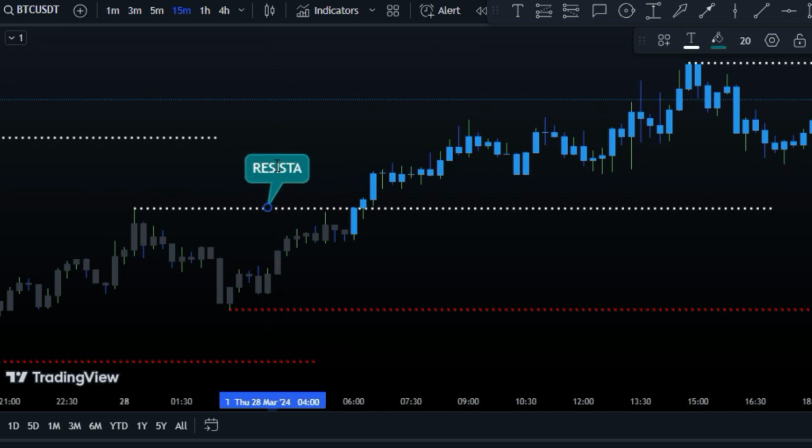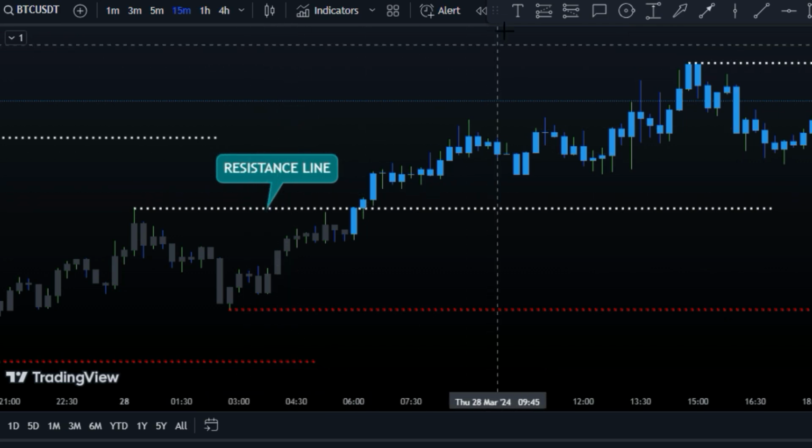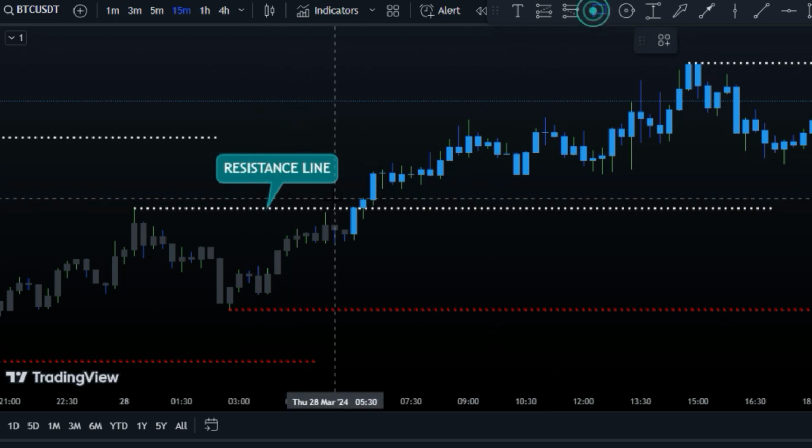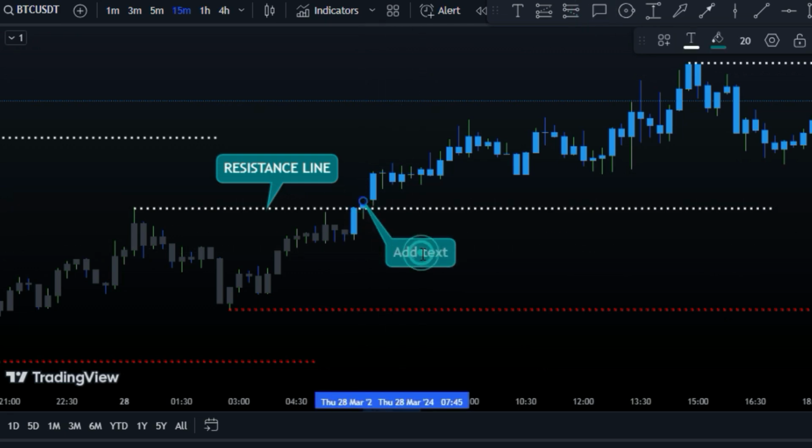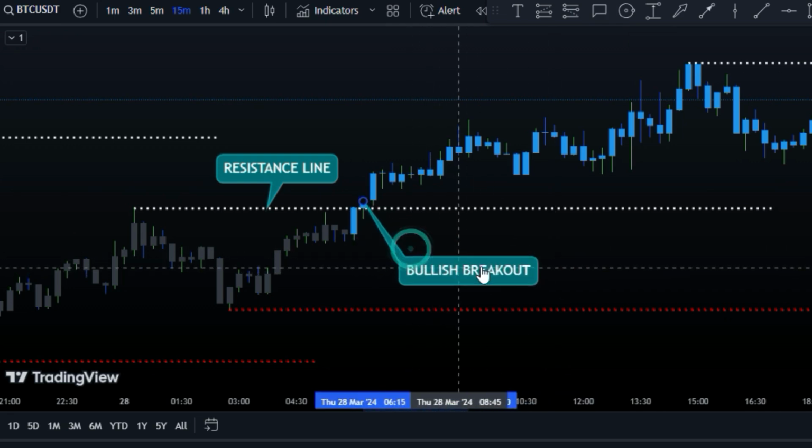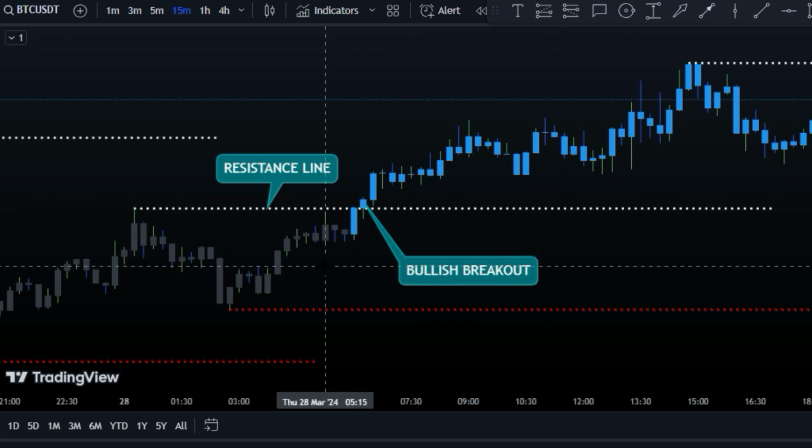With the Higher High Lower Low indicator adjusted to your preferences, you'll notice white and red dots on the chart. These dots represent crucial resistance and support levels respectively. In this strategy, when the price candle breaks above the white dots, it signals a potential buy opportunity, as the market has breached a resistance level and may continue its upward momentum.